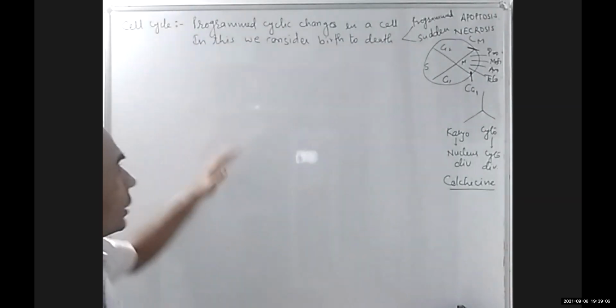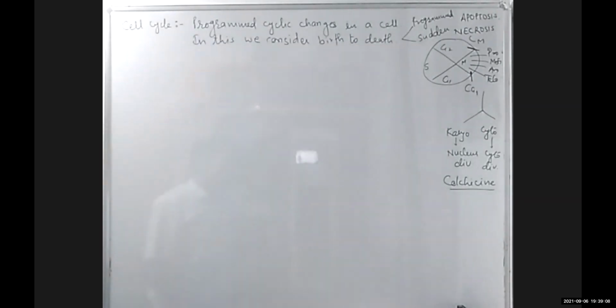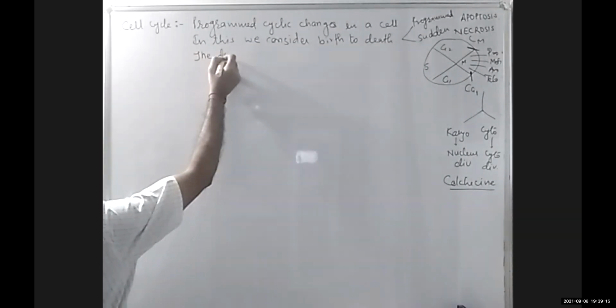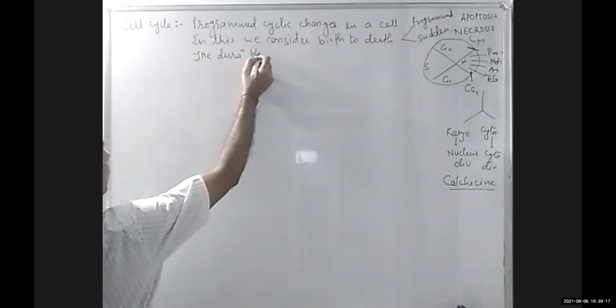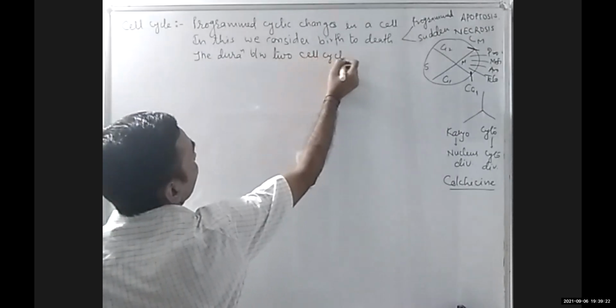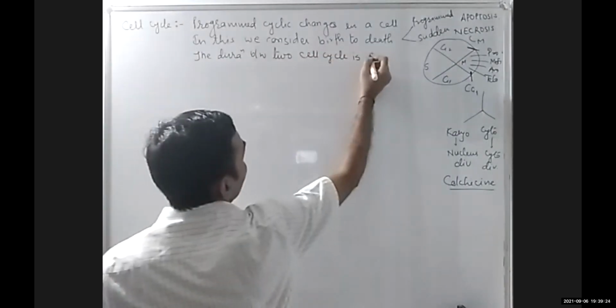Coming back to the discussion, in this we consider birth to death, and the duration between two cell cycles is generation time.